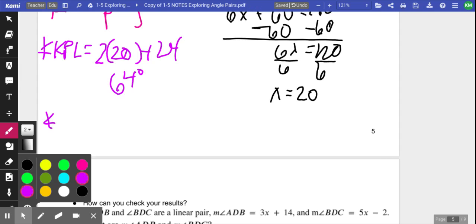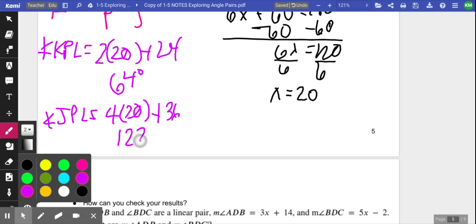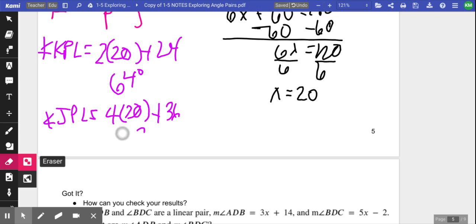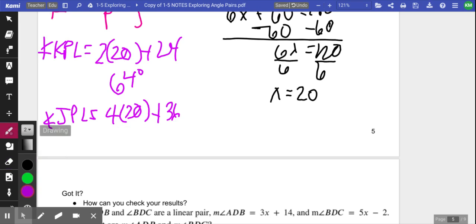Then for angle JPL, that's going to be 4 times 20 plus 36. And so we have to do 4 times 20, that's 80 plus 36, that's 116. Let's change this to 116. Okay, and there we have it.